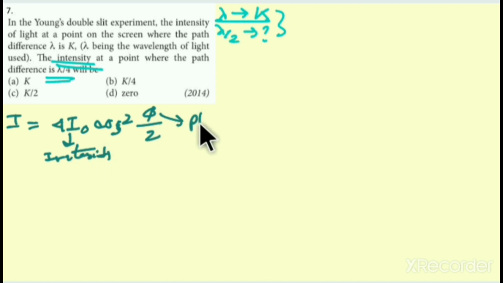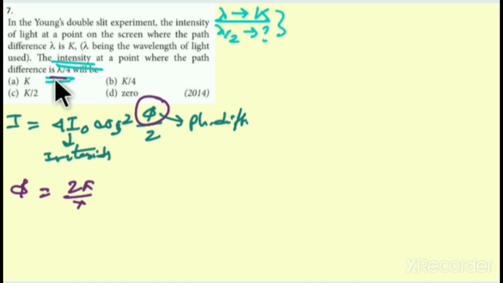Now what is the phase difference? Phase difference phi is equal to 2 pi by lambda. So we need to calculate the phase difference for this path difference, and then we will put it in here and find out our answer.